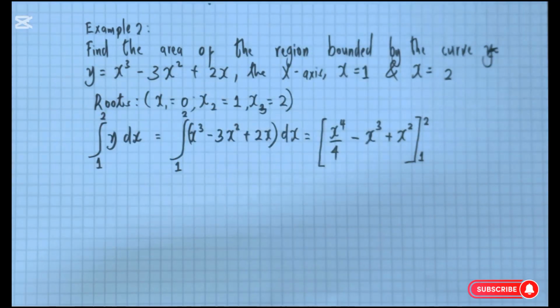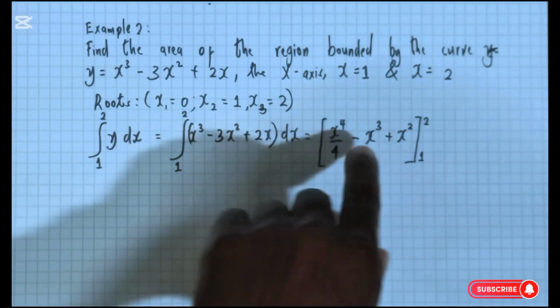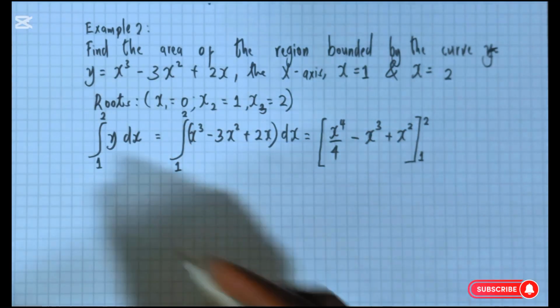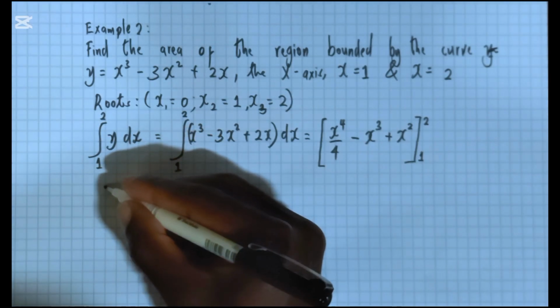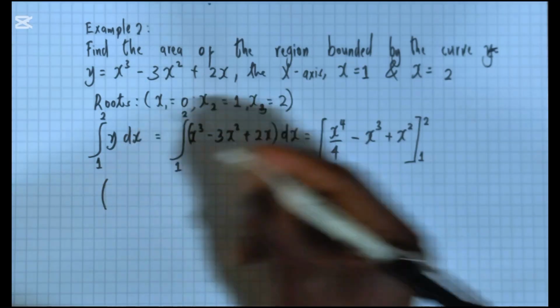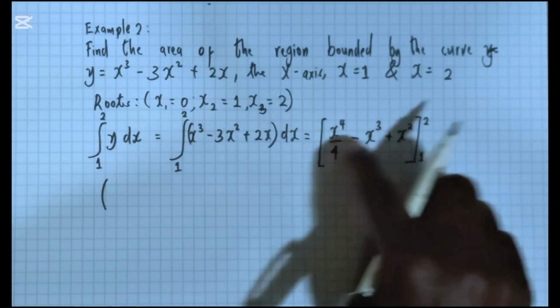For us to then find the area of the shaded bounded region, we are going to have the upper limit substituted into the equation minus the lower limit. So the area is going to be, anywhere we see x, we're going to put 2.